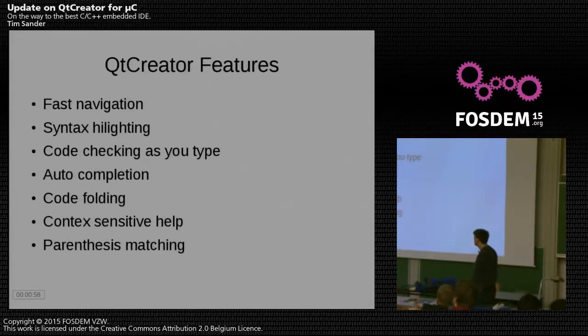Well, you've got syntax highlighting, code checking as you type, auto-completion, code folding, context-sensitive help, but you have to do some work to have your own code with context-sensitive help, because you have to create the Qt-specific help files, which can be done, but it's quite a bit of work.